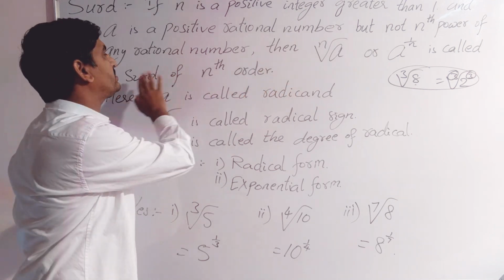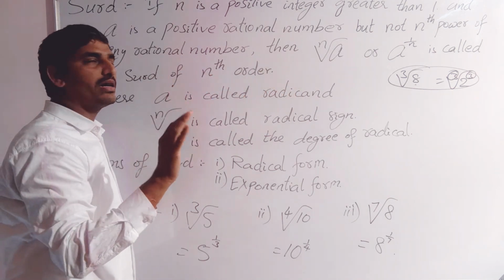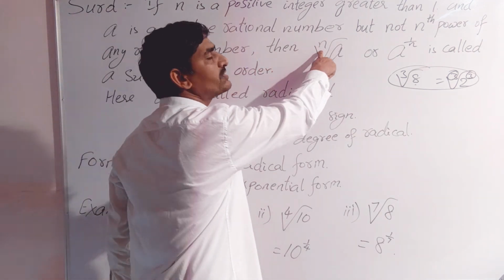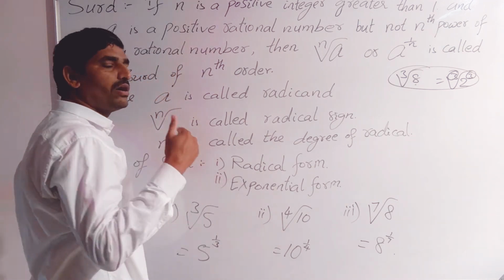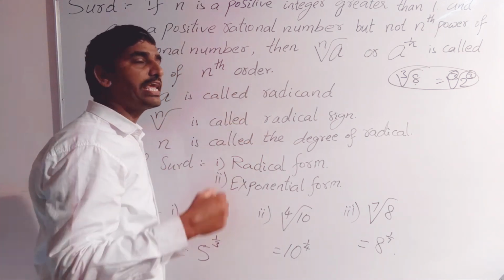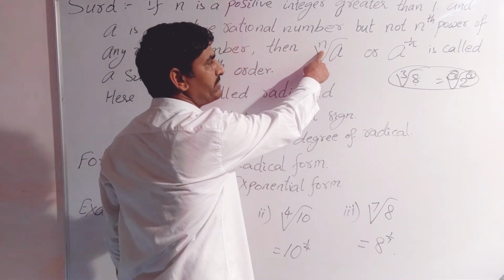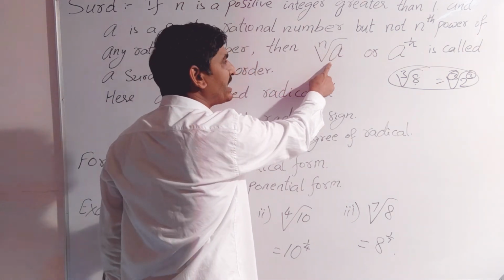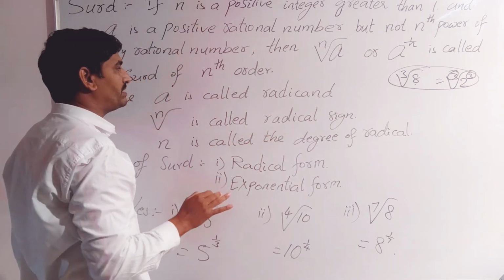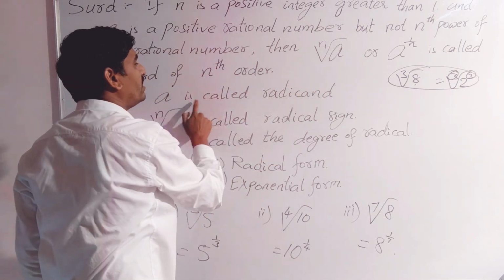Then nth root over a is called a surd of nth order. What we write in the V shape, that is called the order. How to read it? Nth root over a. Here n is a positive integer, a is a positive rational number. Here a is called the radicand.